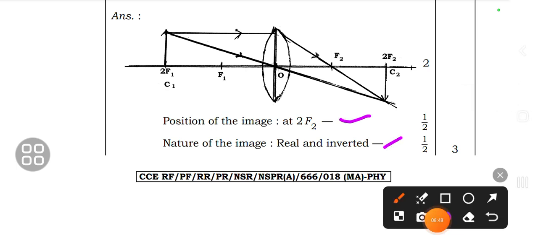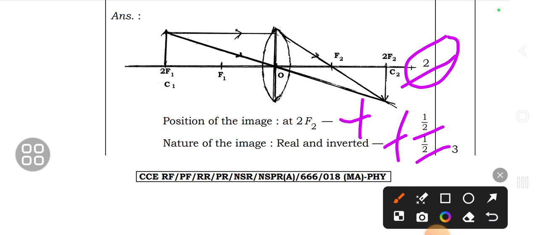These points are for half marks. If you draw the diagram you will fetch 2 marks, and if you don't write these points you will lose 1 mark. If you write all this, you will fetch 3 marks and you will score good marks in this particular question.